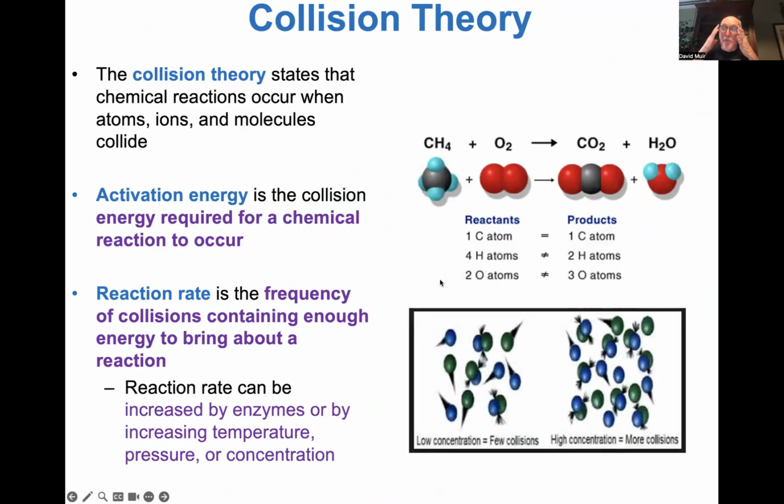Before we go any further, I know that people have not done much chemistry. So I just want to give you a basic primer on how chemical reactions are actually driven, how and why they occur. So a fundamental understanding about chemical reactions is that if I want one type of molecule to react with another molecule, two things are required.